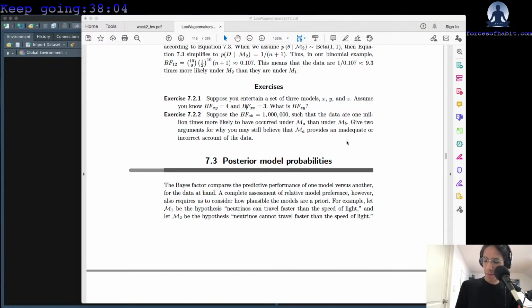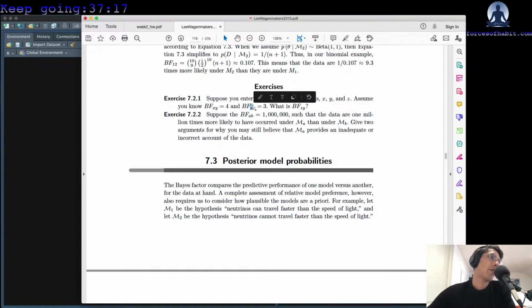BF ZY, which would be 4 over 3. Yeah. So the Bayes factor is 4 over 3 here, because we can just flip-flop this.